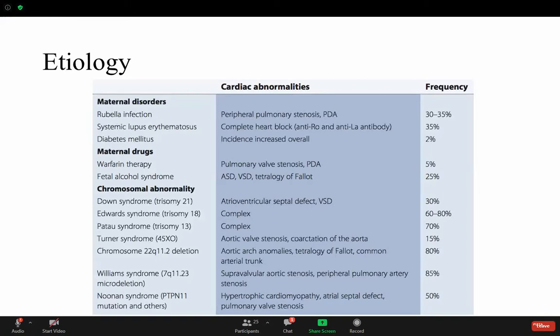The Turners يصير عندهم coarctation of the aorta أو aortic valve stenosis. البقية don't worry about them.